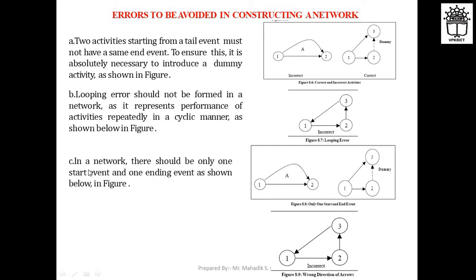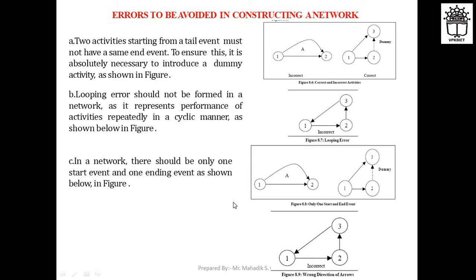Next, in a network there should be only one start event and one ending event, as shown in the figure. Here you can see the two events, and these are not the same. Only one start event and only one end event should be there.